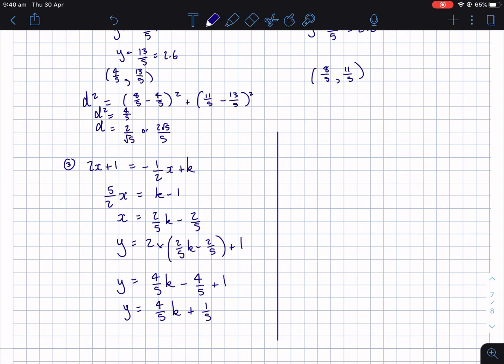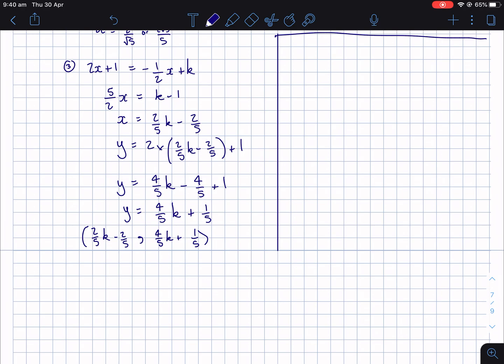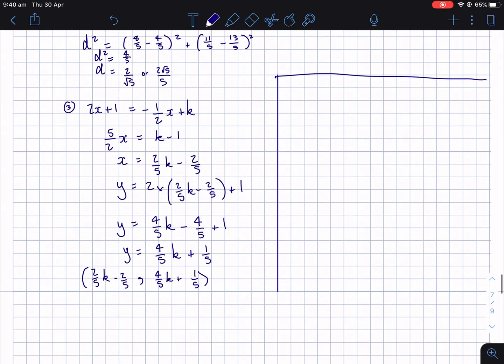Okay. So this is the point 2/5 k take 2/5, comma, 4/5 k plus 1/5. Don't know if you can see that. And now my d squared should come out the same.